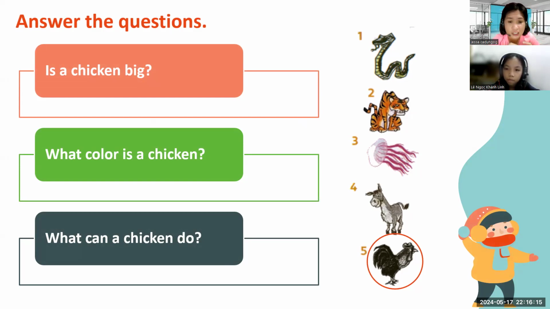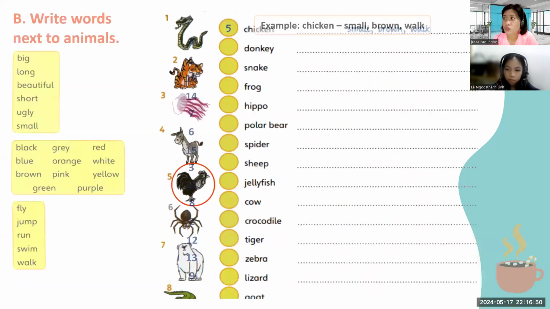Can the chicken fly? Chickens cannot fly. What can it do? How about walk? Can chicken walk, Lynn? Yes, it can. So chicken can walk. Chicken can even run. Okay?